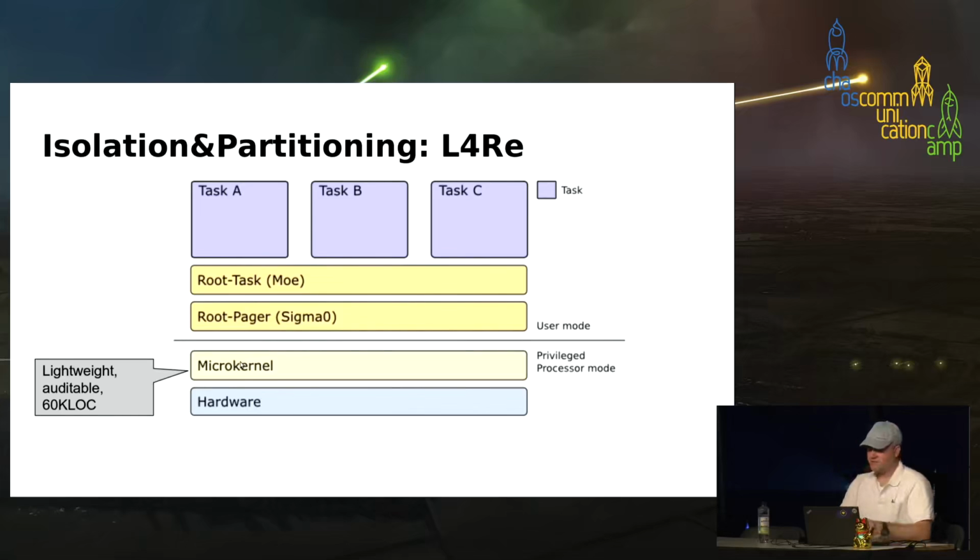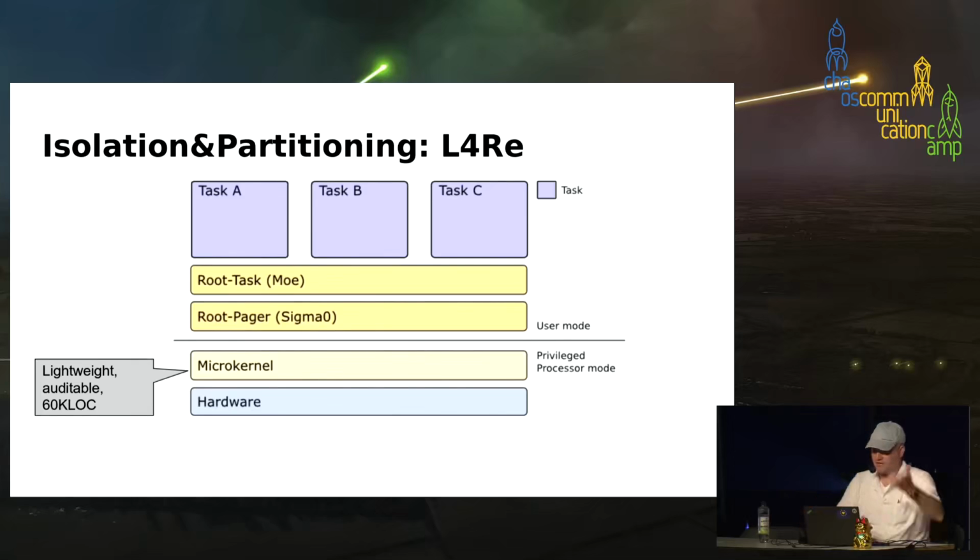The capability system allows you to define communication patterns between tasks. The interesting point is that those capabilities can be handed over from one task to another if there are permissions. So it's very easy to establish communication channels between tasks, but also to dynamically extend those channels.